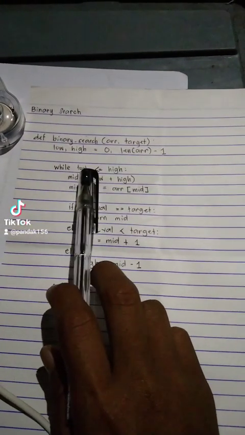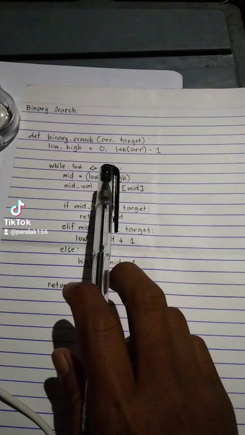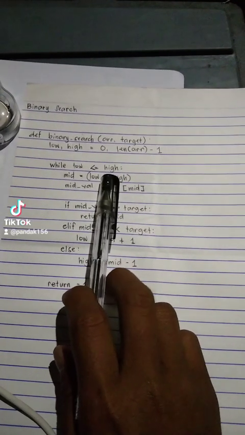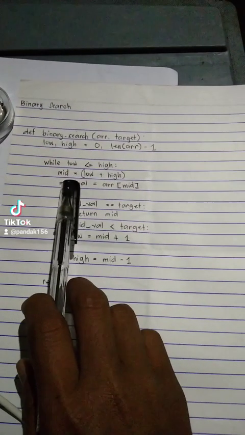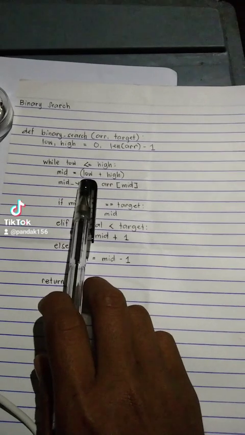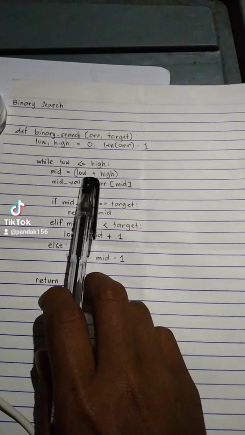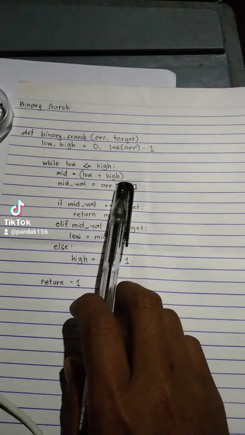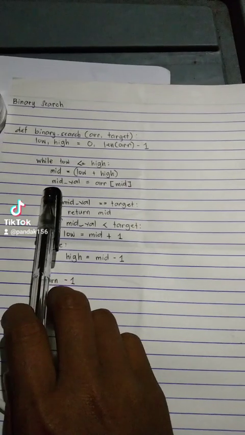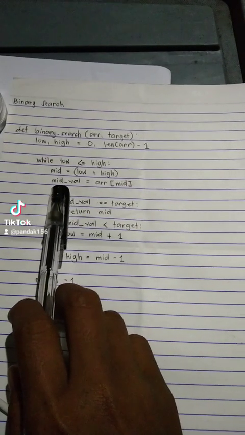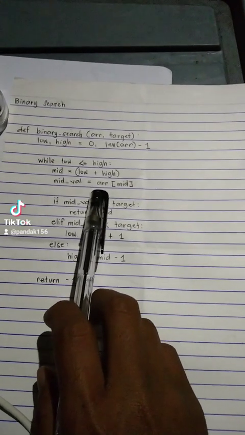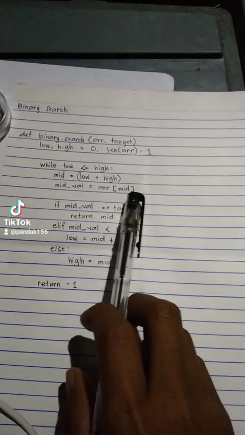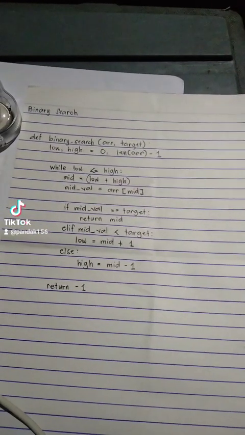While low is less than or equal to high, mid = (low + high) // 2, and val = array[mid].